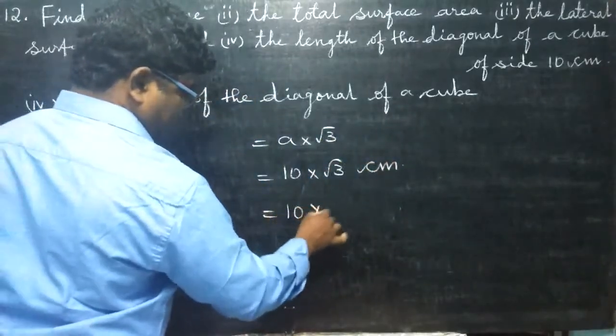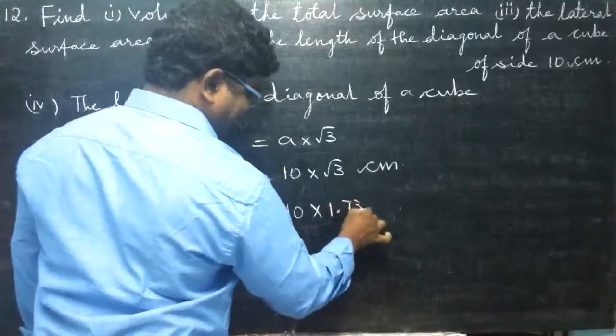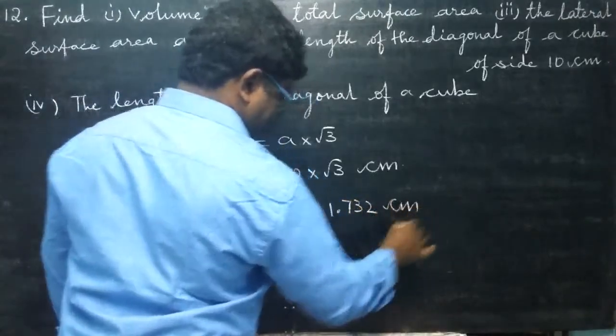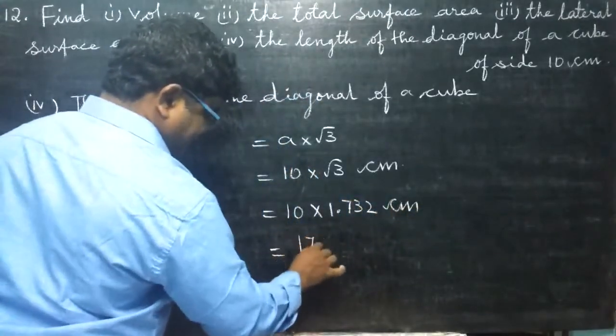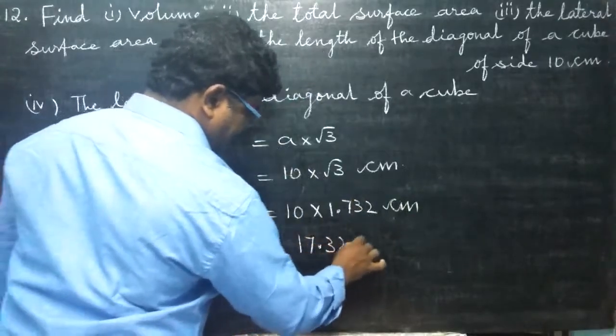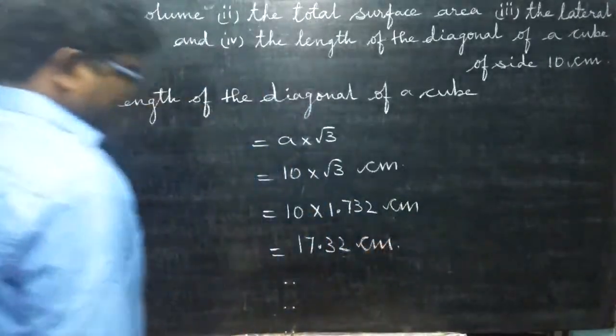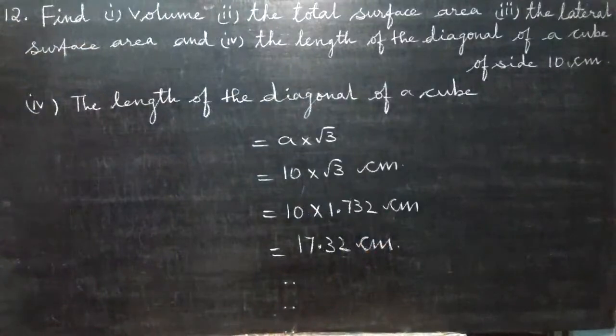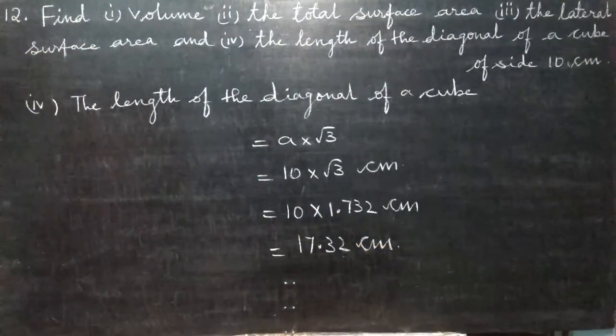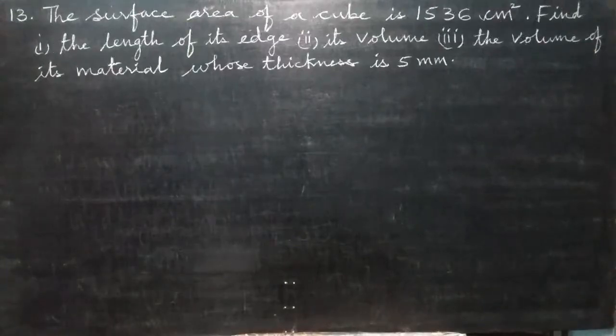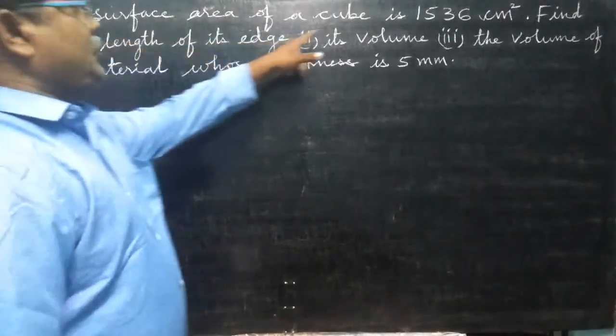Root 3 value is 1.732. When we multiply with 10, 17.32 centimeters. So therefore the diagonal of the cube is 17.32 centimeters.